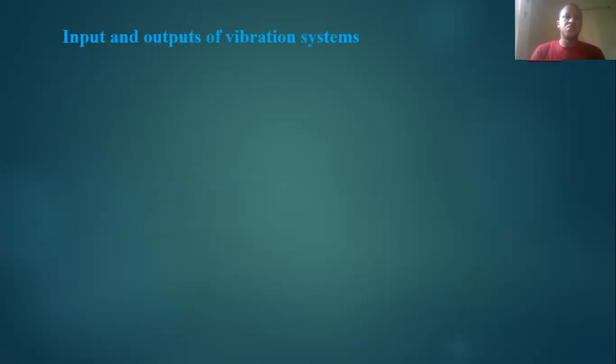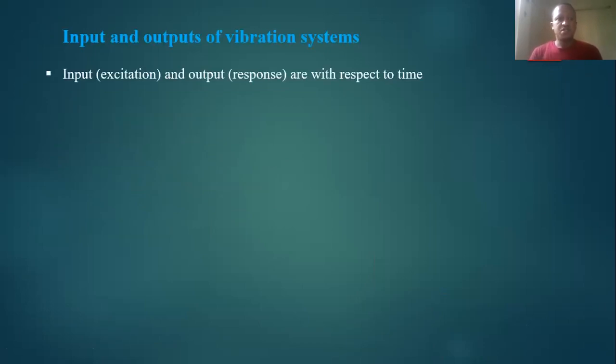What are the inputs and outputs of the vibrating system? That is another question. So inputs are the excitations. We give an initial excitation force, and then the outputs are the responses. Our aim is to find what the responses are, what the amplitude of vibration is that causes the structure some hazardous condition. That is our intention.